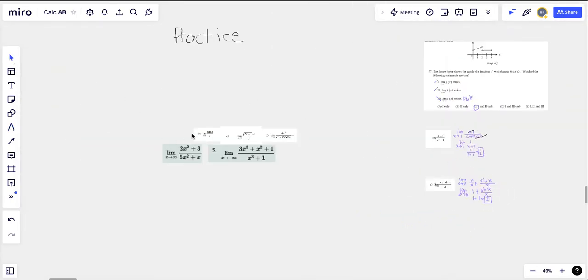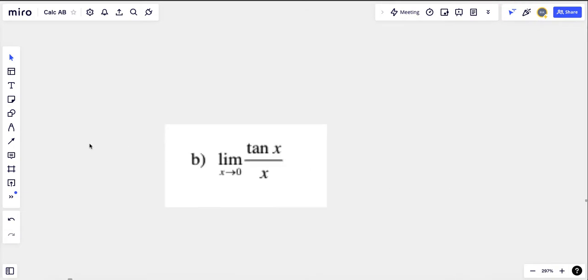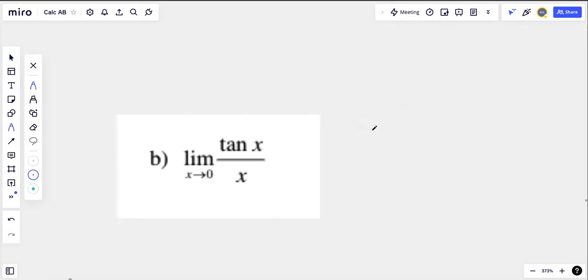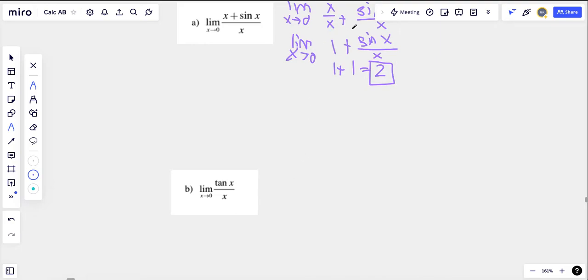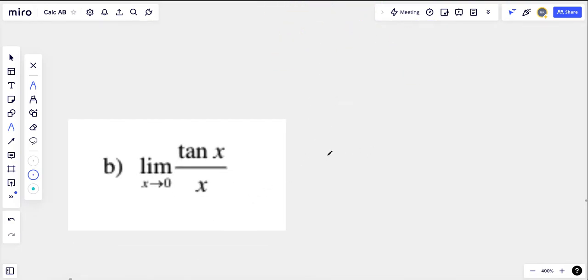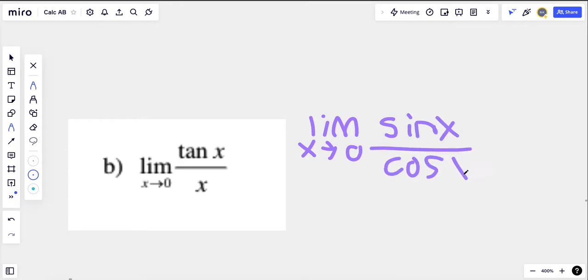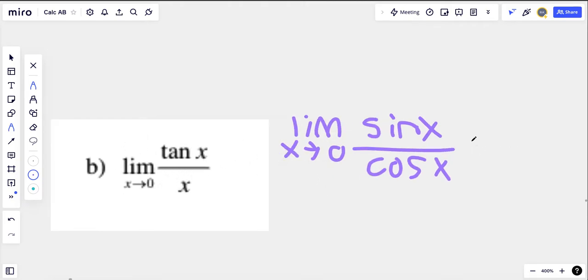And the next one. So for this one, you want to make use of that same identity for sine x over x. You can make use of this identity by just rewriting this as, and this is because tan x is sine x over cos x, and then you have the times 1 over x.